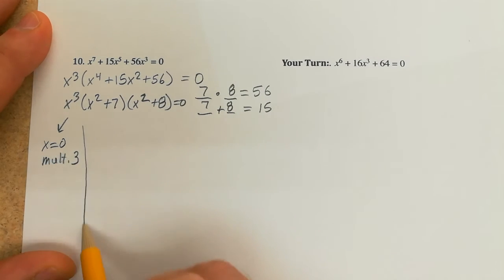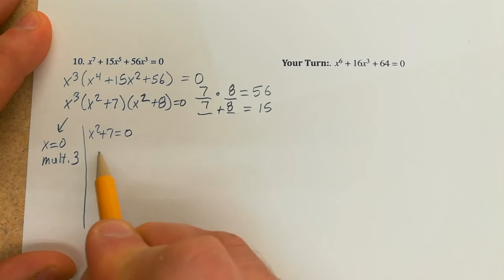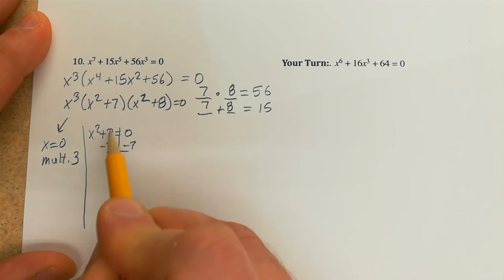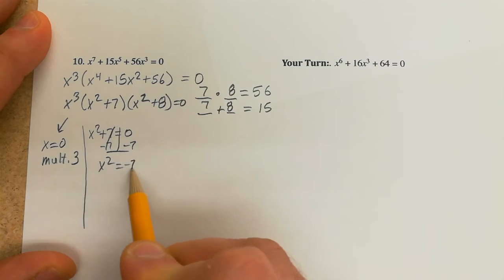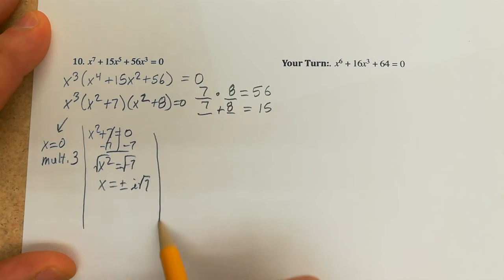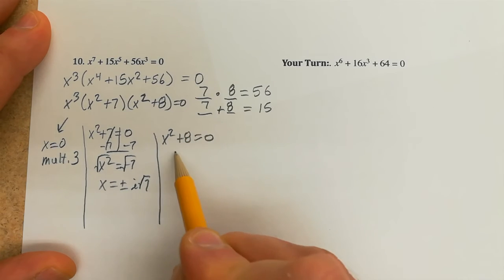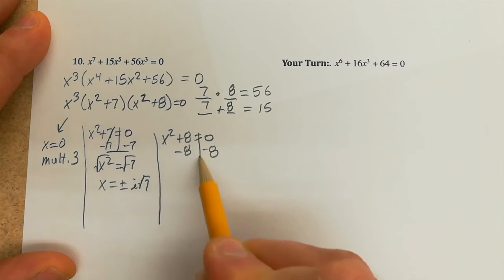All right. And then x squared plus 7 equals 0. We take away 7 on both sides. We get x squared equals negative 7. Take the square root. x equals positive or negative i root 7. Okay, and then the other possibility is x squared plus 8 equals 0. Take away 8 on both sides.